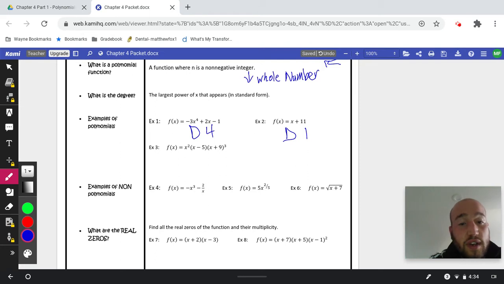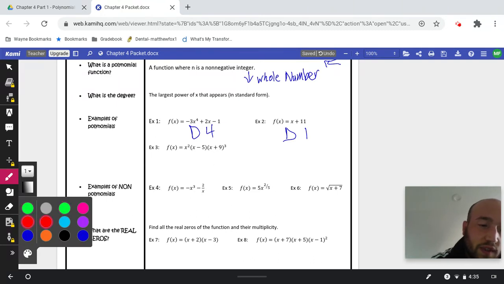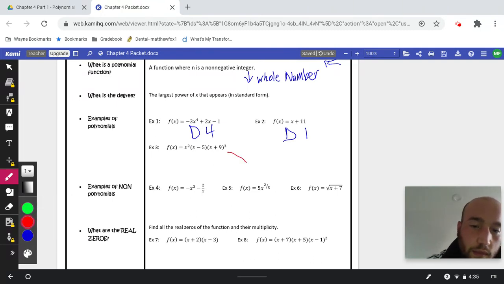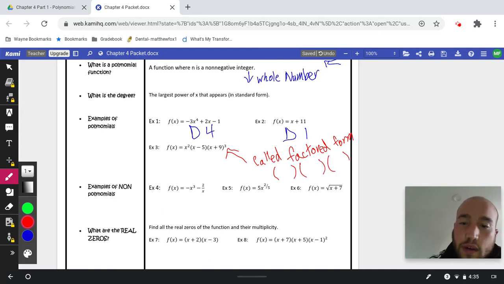Now example 3, we have to be careful on this one. This is what we are going to call factored form. The reason it's called factored form is because it's broken up into the parts, into different factors. And typically with factored form, you're going to have a bunch of different sets like this.